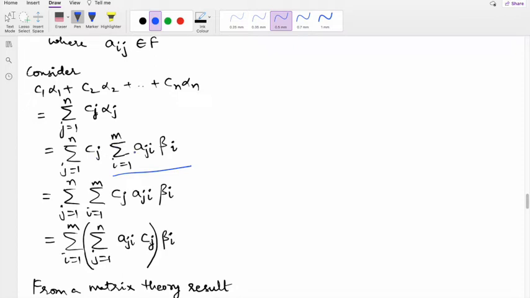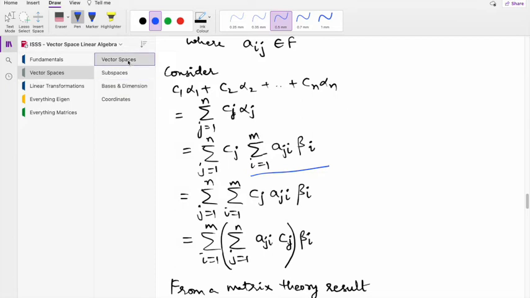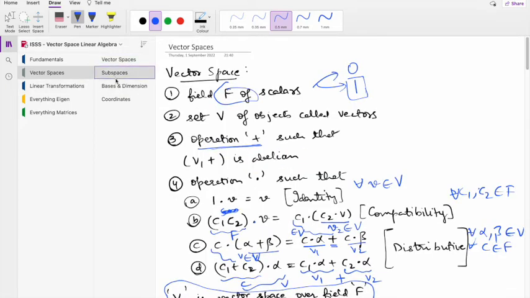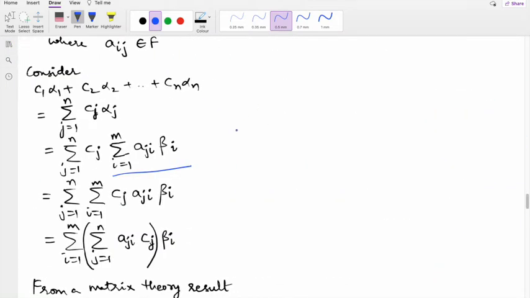Why? Is it because scalar multiplication is commutative? No, we just saw this: it is the second property of vector spaces, compatibility, the compatibility property of scalar multiplication in these vector spaces.